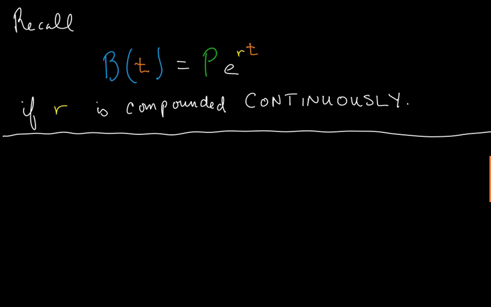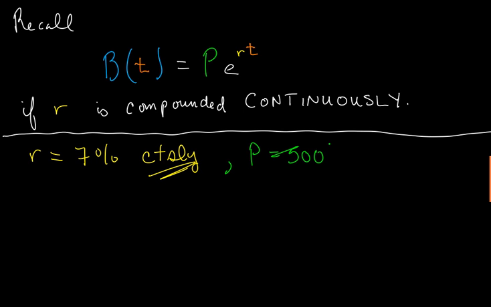So let's say that the bank compounds continuously this time. Then instead of all that fancy stuff in the parentheses, all right, you simply have e. So let's again deal with a 7% interest rate, but this time it's going to be compounded continuously. Okay? And again, you can start out with $500. That's fine.